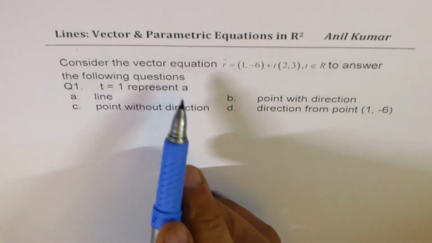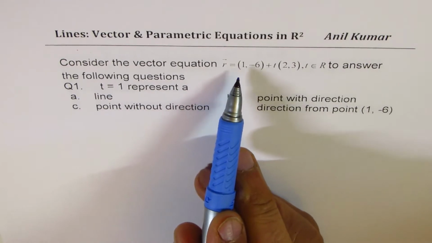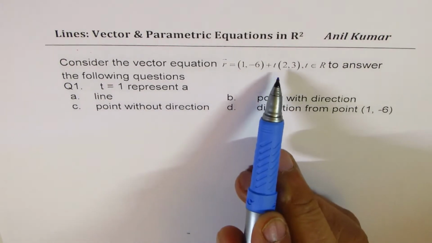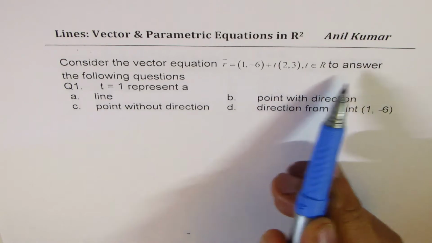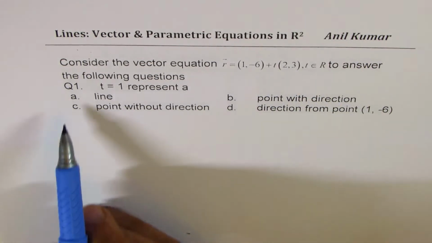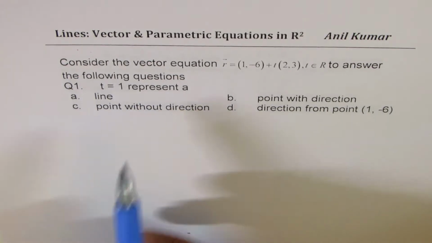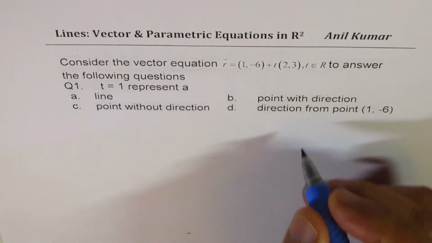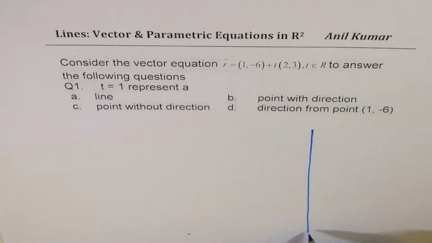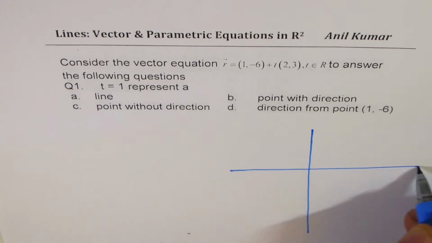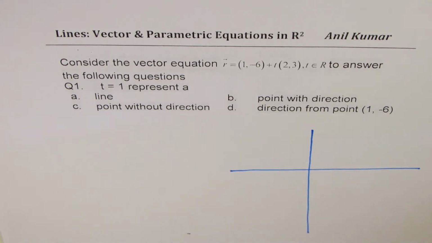You need to consider the vector equation r equals (1, -6) plus t times (2, 3), where t belongs to real numbers, to answer all the questions. Question number 1 is, t equals 1 represents what? Now, since all these questions are related to one particular line, it is better to really understand what this line is.